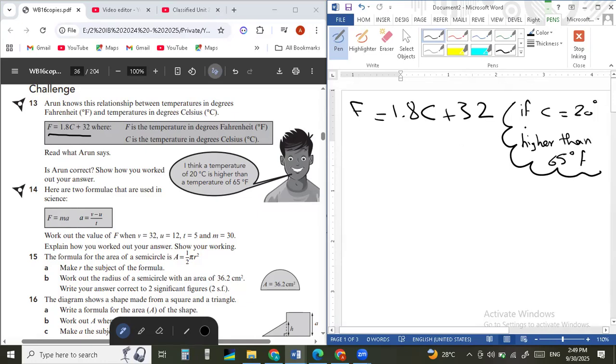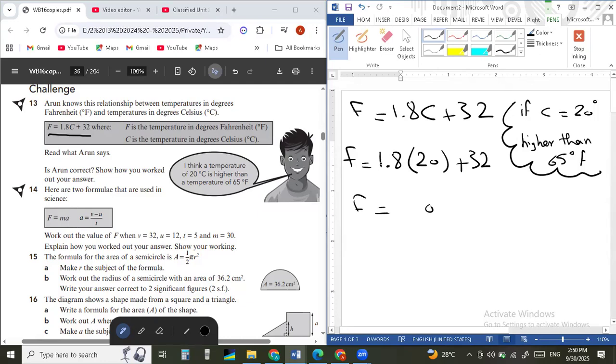So it's just simply, I'm going to see if C is 20. Is it really going to be higher than 65 degrees Fahrenheit? So let's do it. F equals 1.8 times 20 plus 32, which is F equals 18 times 20.